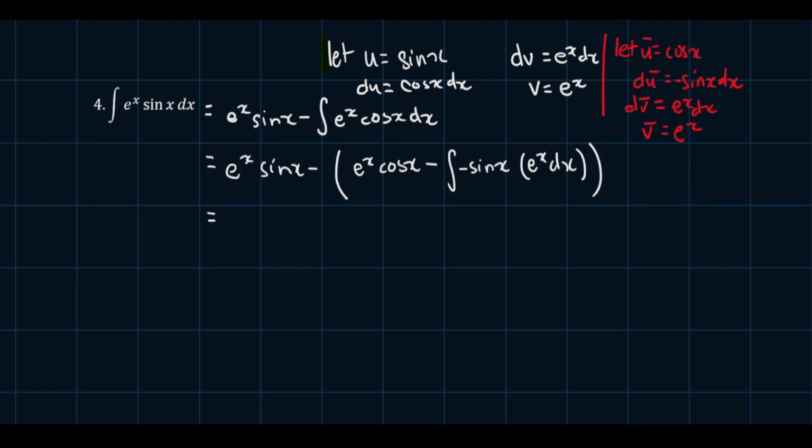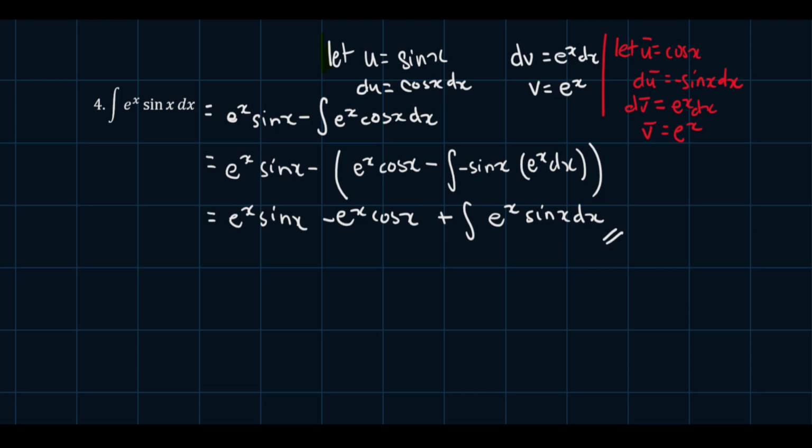Simplify. E raised to x sine x minus e raised to x cosine x plus integral ng e raised to x sine x dx. So after applying integration by parts twice, notice that pumalik tayo dun sa original na integral problem natin, yung e raised to x sine x dx.